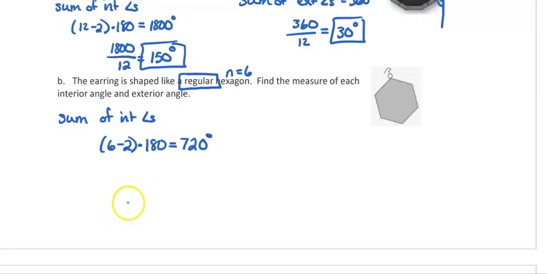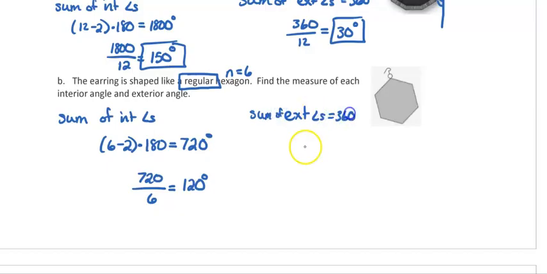Now, since it's regular, all the interior angles are equal. So you take the 720 and divide it equally by 6, which is 120 degrees each. Now for the exterior angles, the sum of the exterior angles is 360, no matter how many sides.